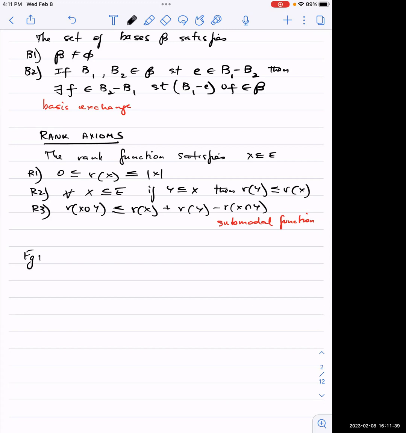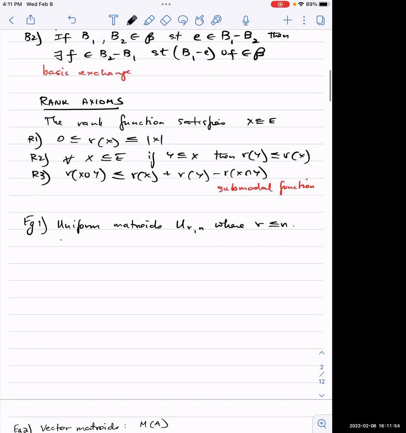And the first example that we did was the uniform matroid. We're going to add a fourth example today. U_{R,N}, where R is less than or equal to N. So here the ground set is just N elements, right?